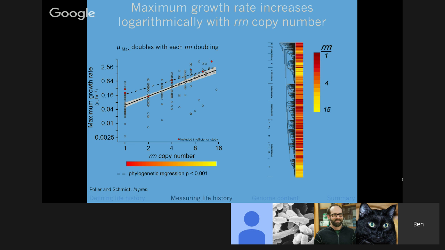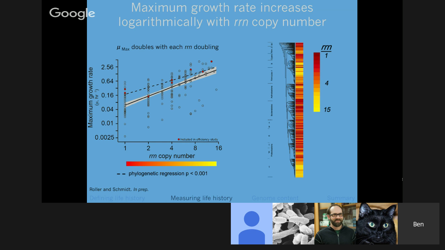So low rRNA operon copy number is indicated by the darkest red, whereas the highest rRNA copy number is indicated by the brightest yellow. And what we see is that there are some distinct bands where clades of organisms all tend to be high copy or low copy, especially at the bottom of the tree where there are some gamma proteobacteria, and in the middle of the tree in the firmicutes where we get some really high rRNA copy number.